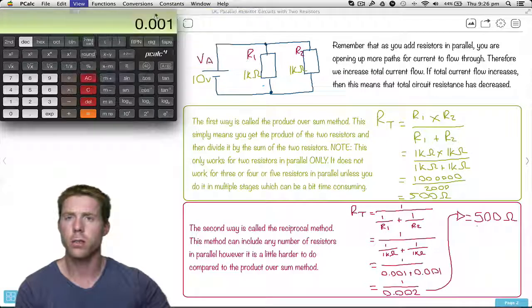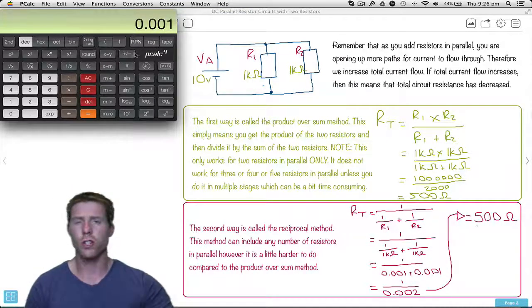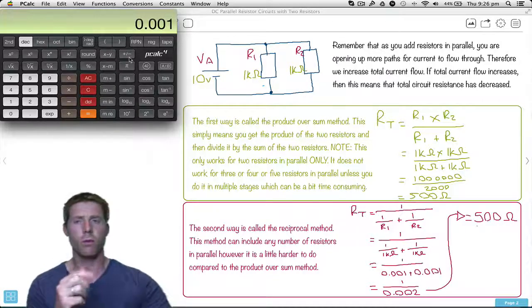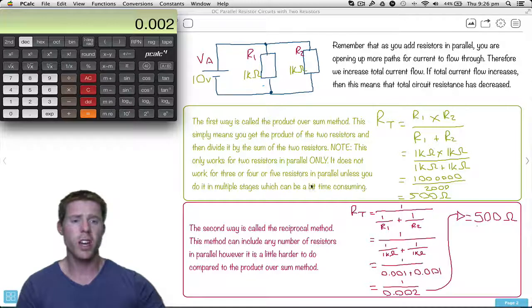Let's see if I can get this to be not as annoying. There's our 0.001. It was giving it to me in engineering notation, but realistically it should have given me 1 to the negative 3, because that's how many places we've moved this decimal place, 1, 2, 3. But there's our 0.001, we just add that to the same thing. There's our 0.002, and then finally to finish off this equation we have to do 1 divided by that.